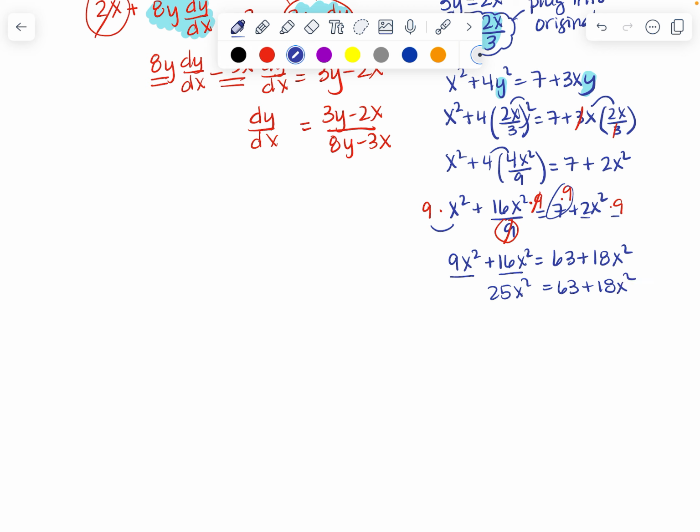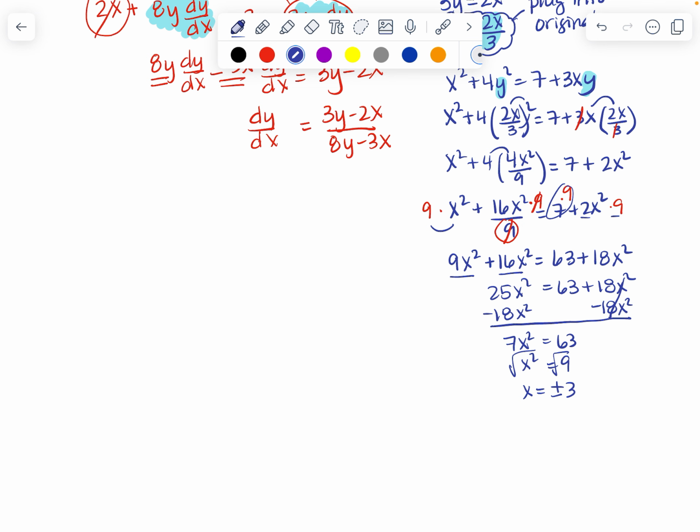Okay, then I can subtract 18x squared from both sides. Still combining those like terms, right? So that's going to be 7x squared equals 63. If I divide by 7, I'm going to get x squared equals 9. If I take the square root of both sides, I'm going to get x equals plus or minus 3.